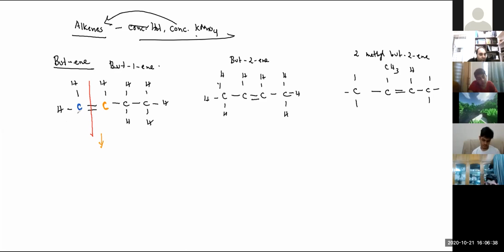So now we have two separate molecules. The left hand molecule has a blue carbon which is linked to 2 hydrogen.